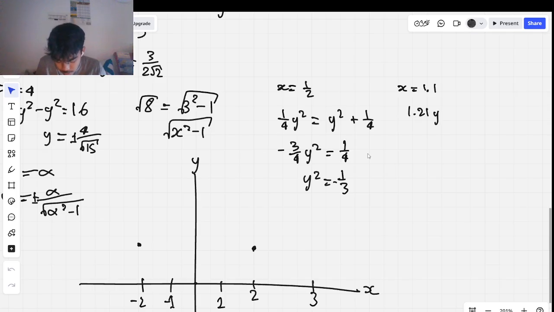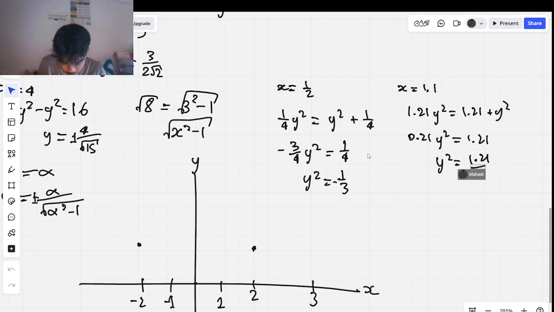1.21 y squared is equal to 1.21 plus y squared. Means 0.21 y squared is equal to 1.21. Y squared is equal to 1.21 over 0.21, which is equal to 121 over 21. So it's actually quite a large number compared to everything else we've gotten so far.